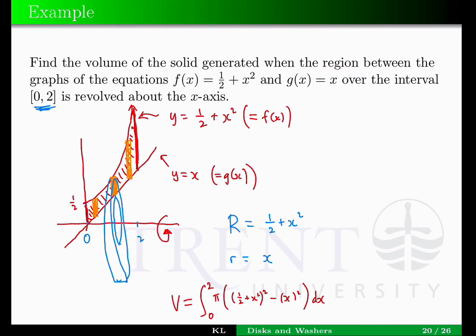So you will know which strip to use once you know the orientation of the axis of revolution. If the axis of revolution is horizontal, your strips must be vertical. If the axis of revolution is vertical, your strips must be horizontal, for this method of washers.